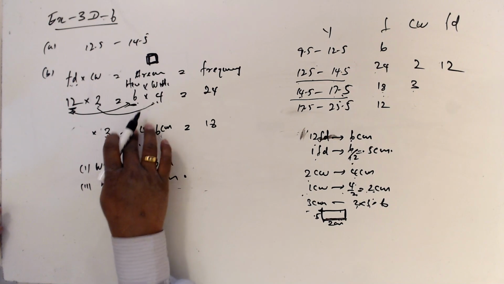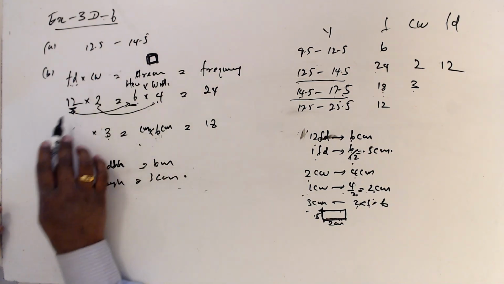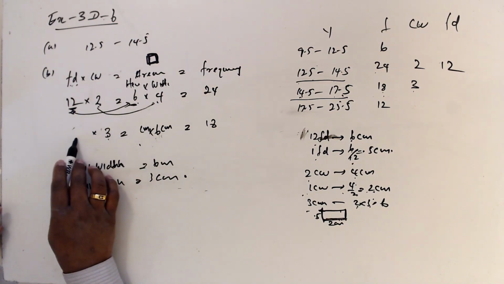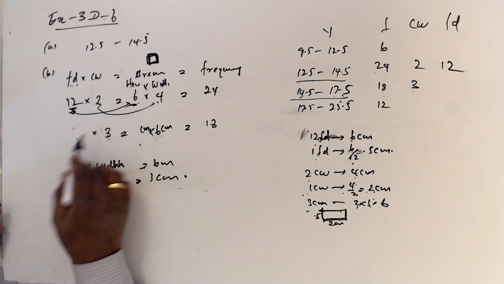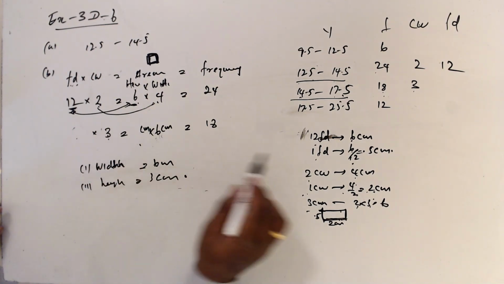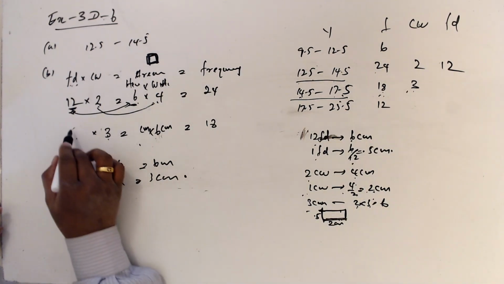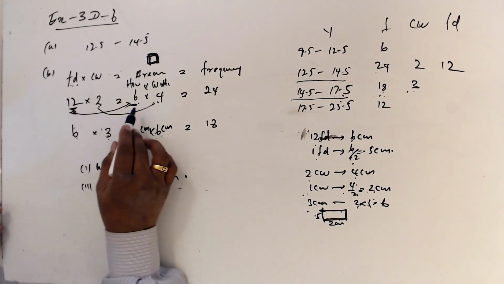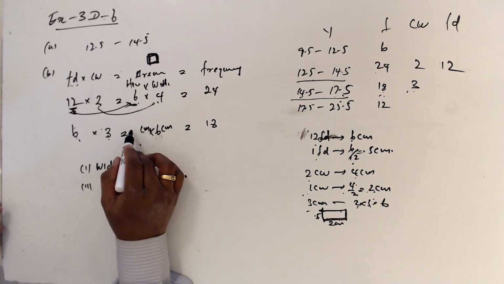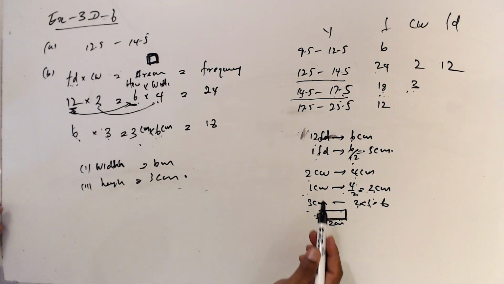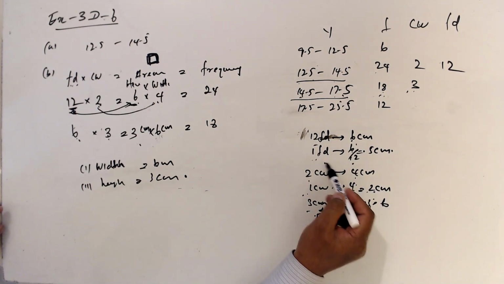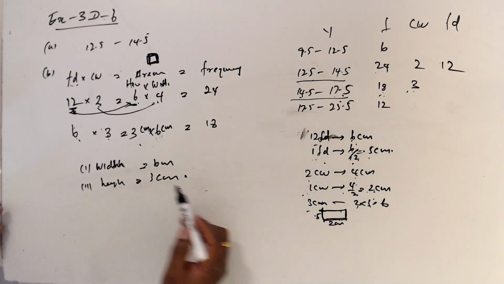Then if I know the frequency density, I can get this ratio. So what is the frequency density? 18 divided by 3, 6. Then 12 to 6, and 1 FD is 0.5 centimeter.